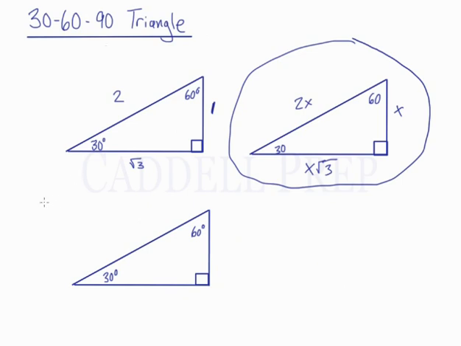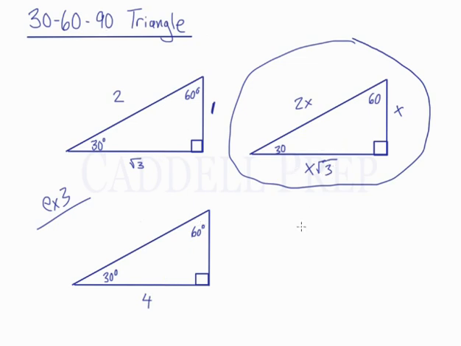Let's look at a third example. In this example, let's say we're given this side to be 4. So we first have to determine what x is, and we could figure out the other sides. So this side is across from the 60-degree angle, and across from the 60 is x radical 3.